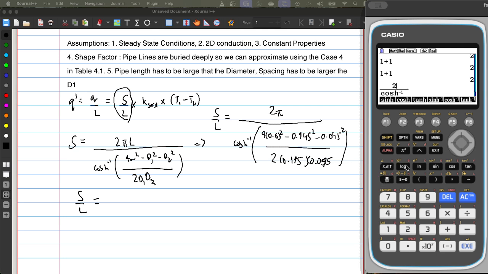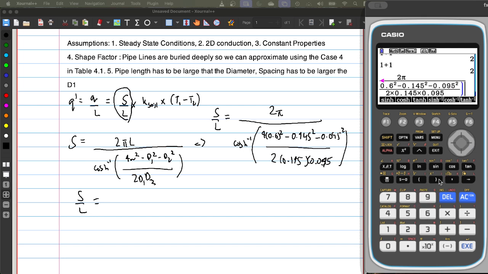So 2 pi, and then a bracket. 4 times 0.6 squared minus 0.145 squared, take away 0.095 squared, all over 2 times 0.145 multiplied by 0.095.